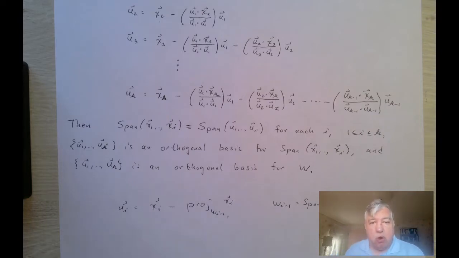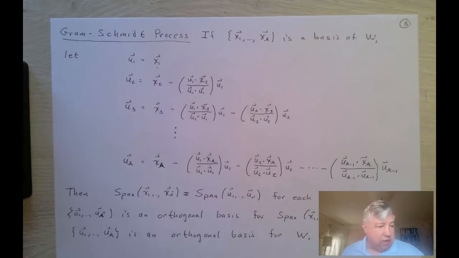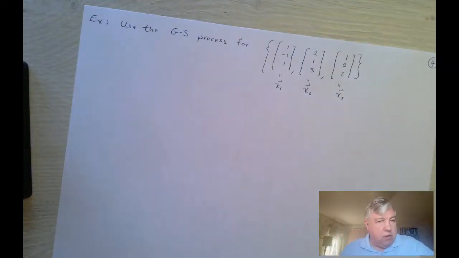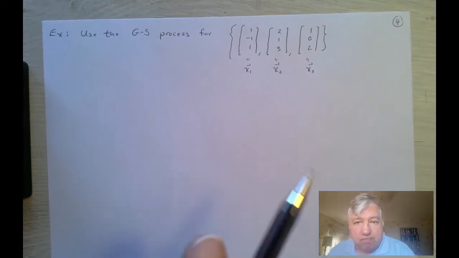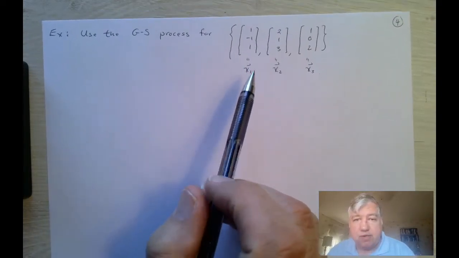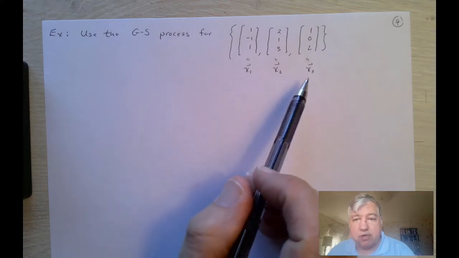So we're going to do a calculation here. The calculation is going to get very cumbersome and it's easy to make mistakes, so the important thing is to take your time. In this example on page 4, we are going to use this process for this basis consisting of the vectors x1, x2, x3.